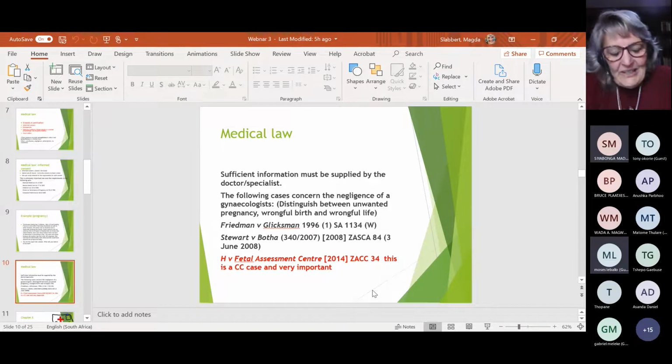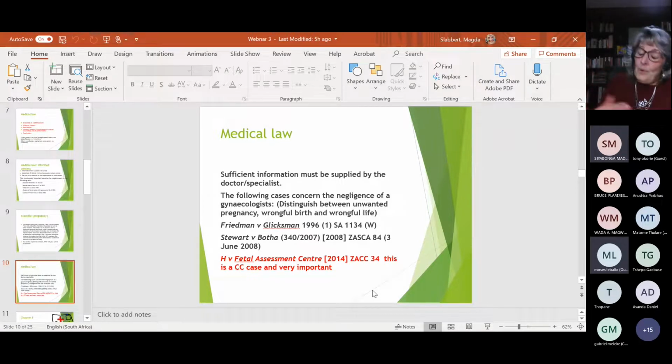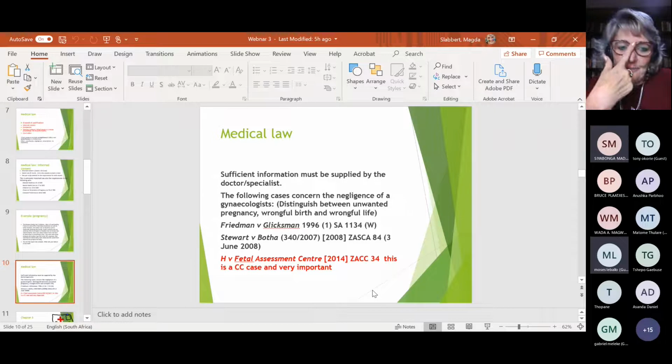That was not allowed in our legal system until the case which is in red there on your screens. It's a Constitutional Court case of H versus Fetal Assessment Centre. What happened in that case is more or less the scenario I gave to you, but the baby really suffers from bad illnesses apart from Down syndrome.